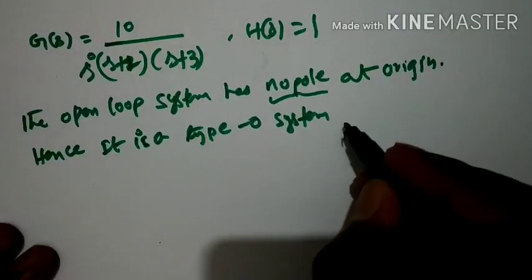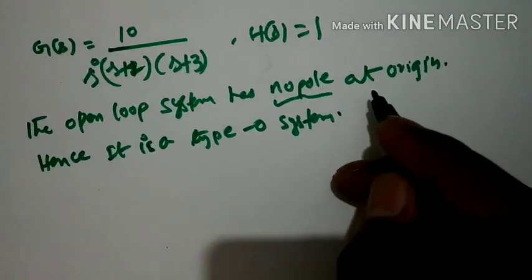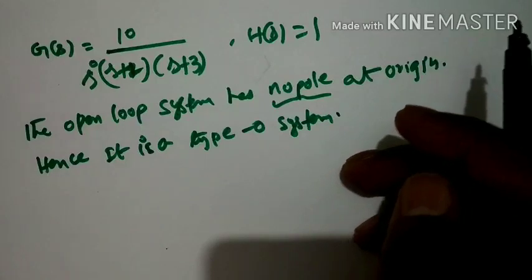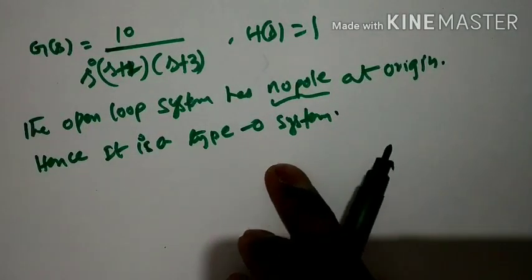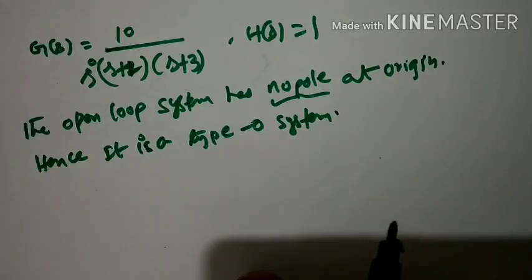So you understand, for a type 0 system, what type of input will give a constant steady state error?